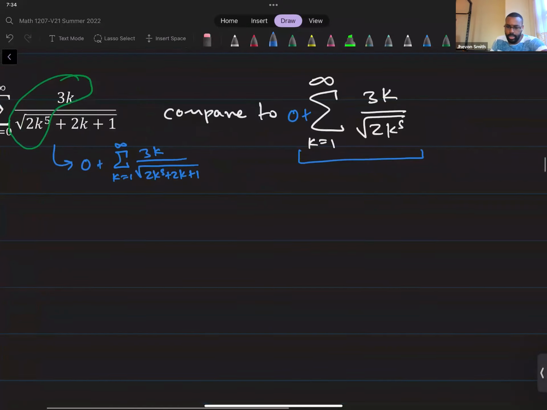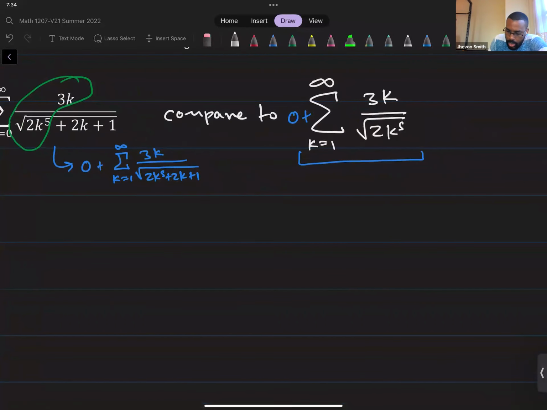Now, what is that series? Notice that I can factor out a constant, 3 over rad 2. Very lucky that we have that property. And we would be left with k over k to the 5 over 2.